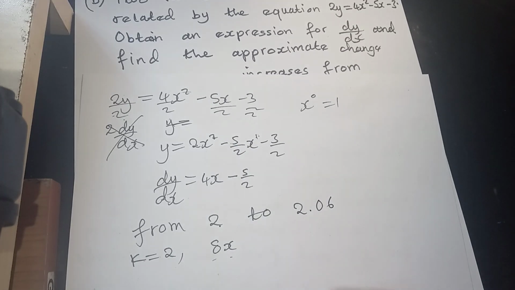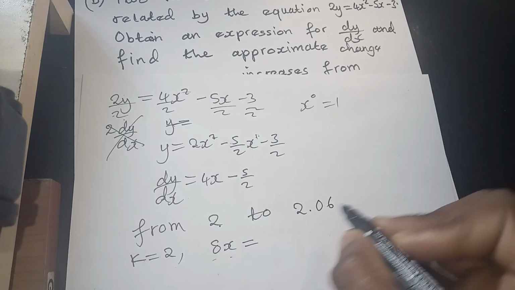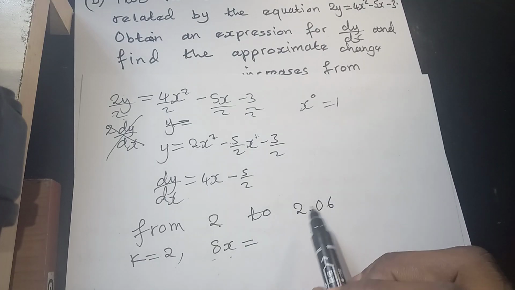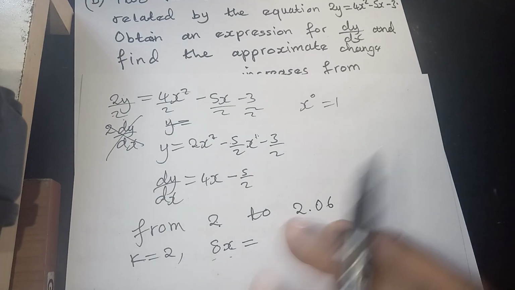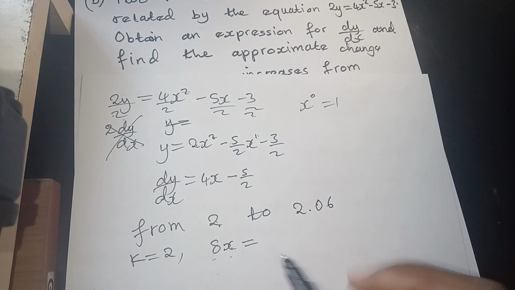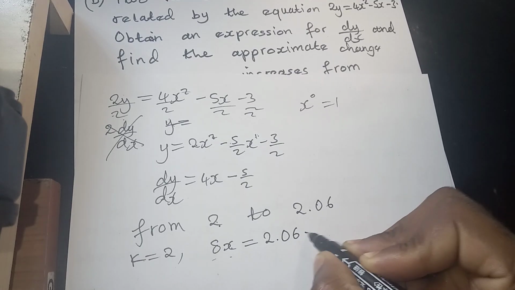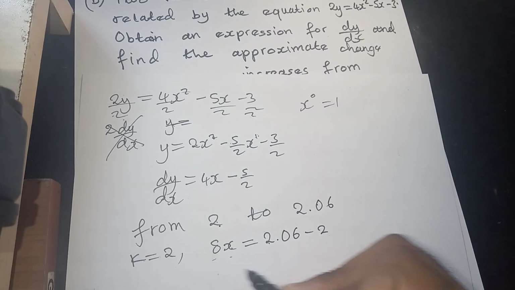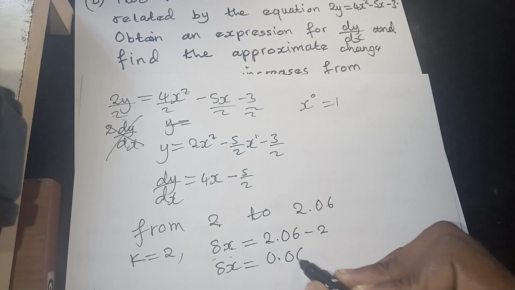Delta x is found by subtracting the initial value from the final value. Remember, delta x is the small change or the small increment in x.